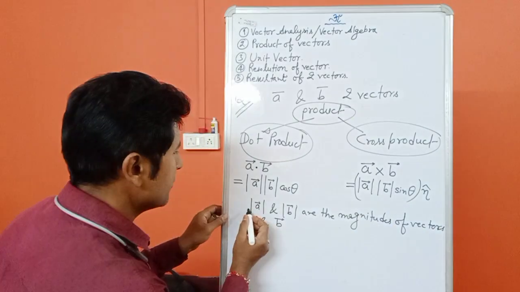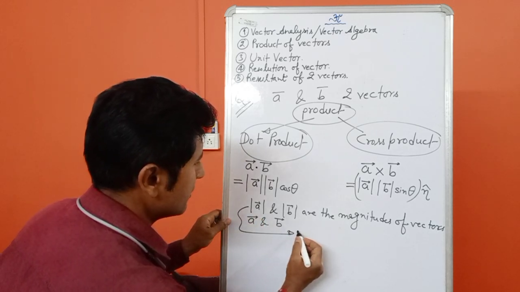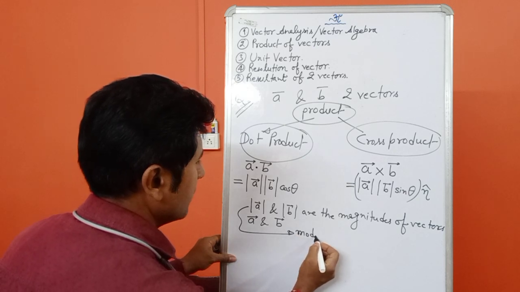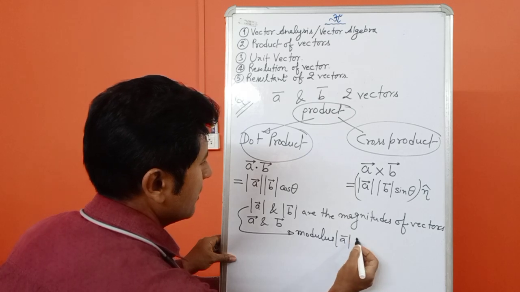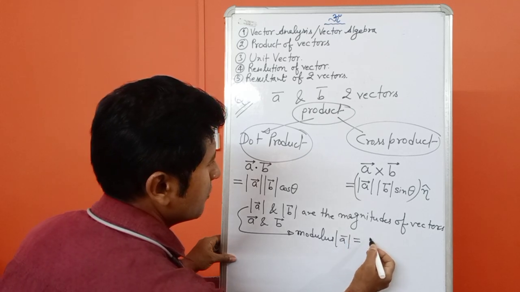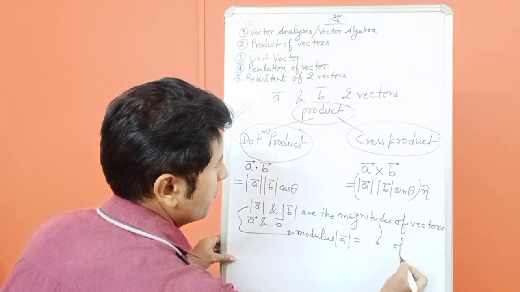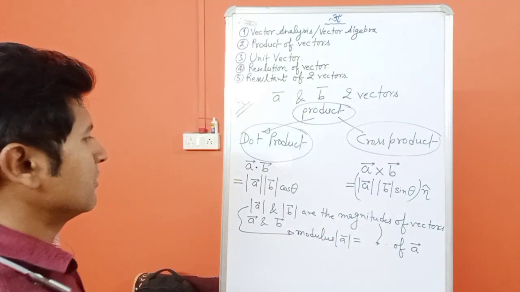So this symbol is basically known as modulus A, which is equal to the magnitude of vector A, right?